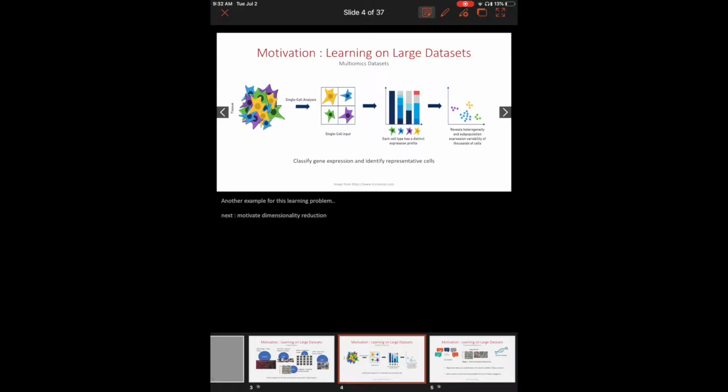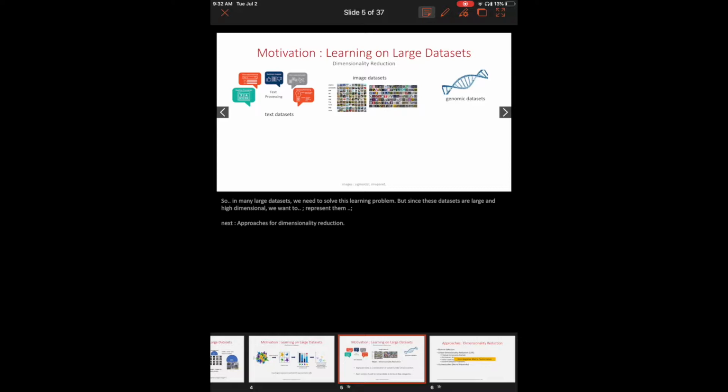In all of these large datasets, the dimension of the data is huge. So before applying learning problems like classification or other processing techniques, we want to reduce the dimension of these datasets to be able to post-process them easier.